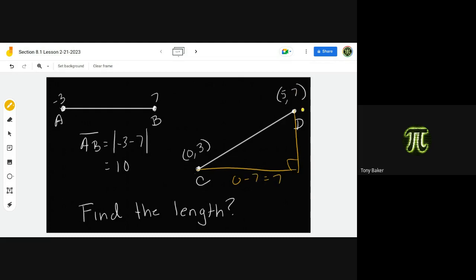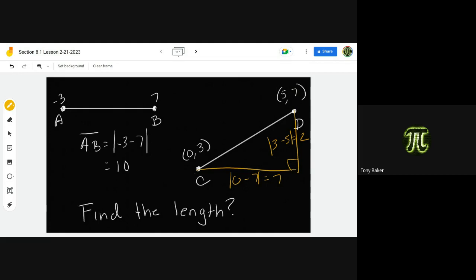So that's 7. And that's 2. All right. But what's the length of the line? I found the length of the sides of the triangle, but what's the length of the line? Oh, so close. Nope, you're missing one step.